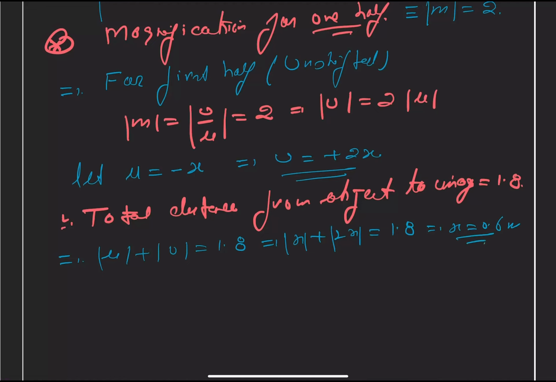So it means the distance of the object from the lens is our X, which is our 0.6 meter, and therefore the image. So we can write that our U now will be equal to 0.6 meters, and our V will be equal to plus 1.2 meters.